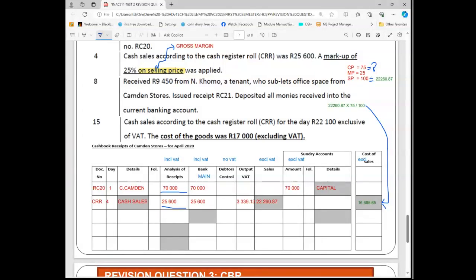We look at the A. Receipt number RC21 on the 8th, and Gomo.